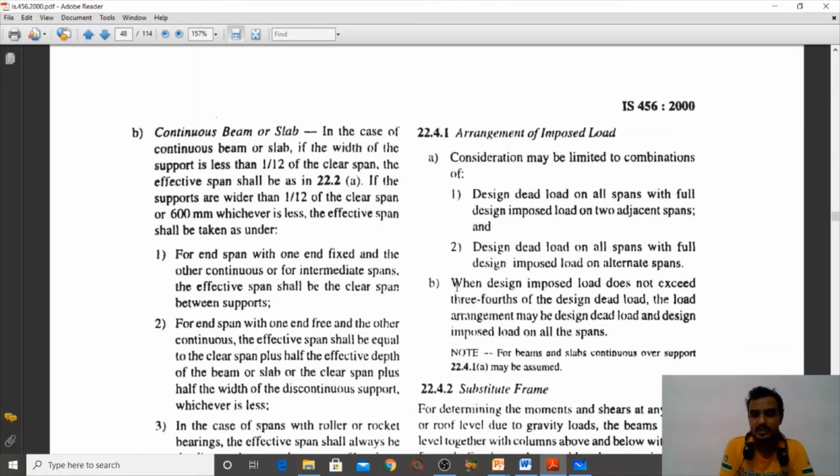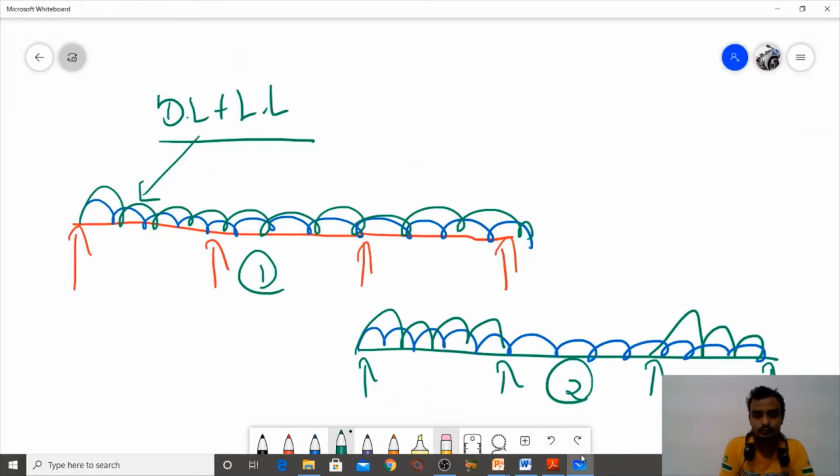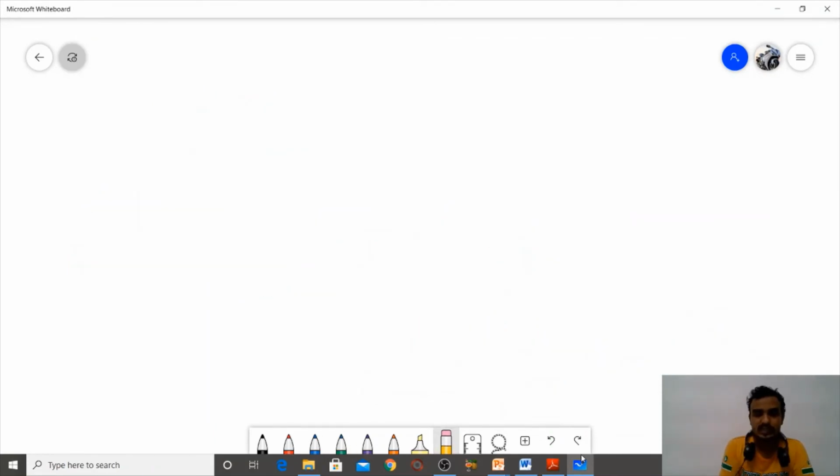And the first applies when the design imposed load does not exceed 3/4 of the design dead load. Imposed load means live load.